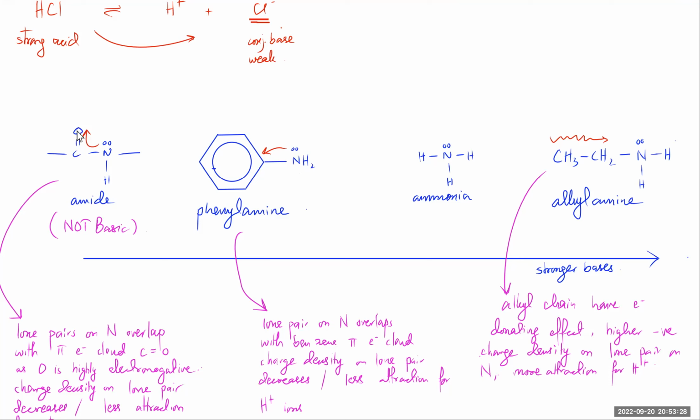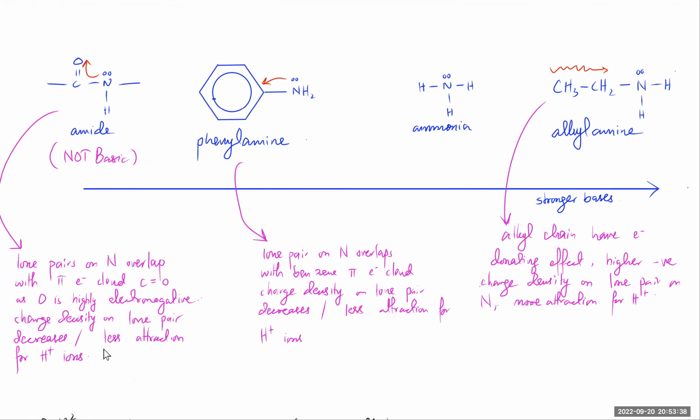The reason is that the oxygen has such a strong attraction for electrons. It's so electronegative that the lone pair completely mixes with the oxygen. The lone pair on N overlaps with the pi electron cloud in C double bond O, as O is highly electronegative. Charge density on the lone pair decreases, and therefore there's very little attraction for H+. So in both these cases, the lone pair kind of mixes with the electron cloud.